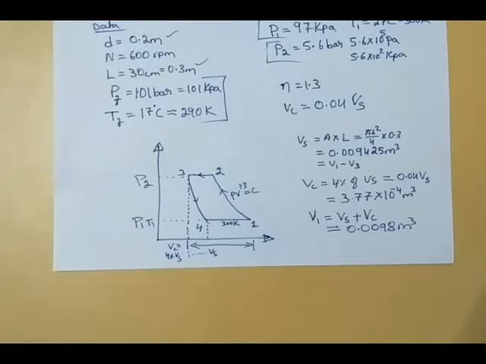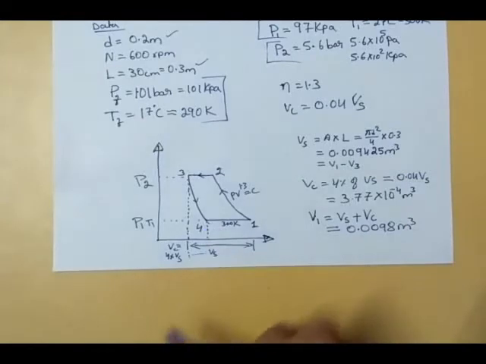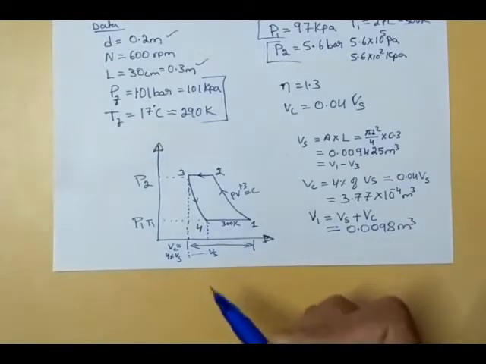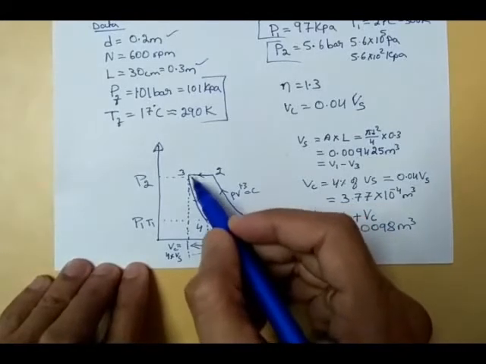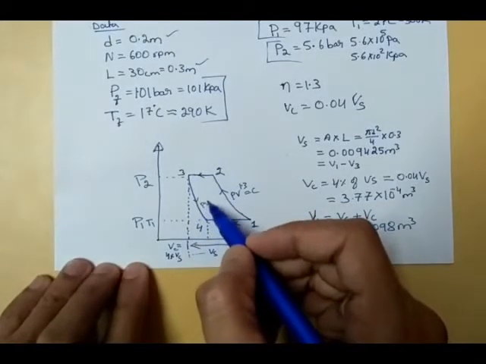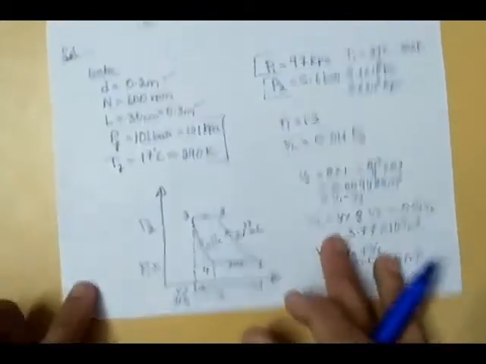And now the next point is we have to calculate V4. To calculate V4, we can take advantage of this expansion process, which says PV power 1.3 is equal to constant.